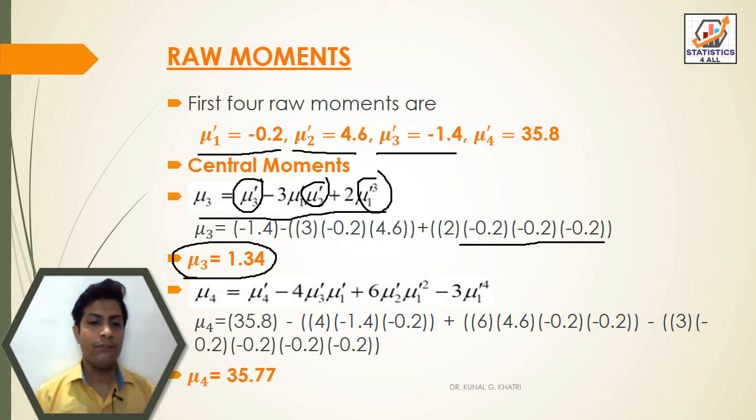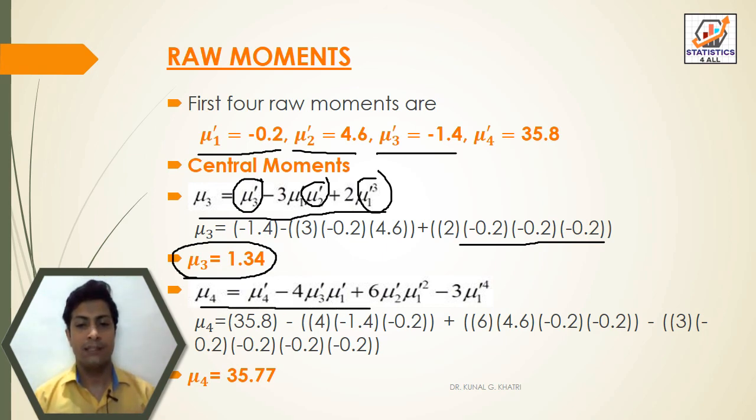Now we'll find mu 4, where mu 4 is equal to mu 4 dash minus 4 mu 3 dash into mu 1 dash plus 6 into mu 2 dash into mu 1 dash square minus 3 mu 1 dash to the power 4. So all values are given here.